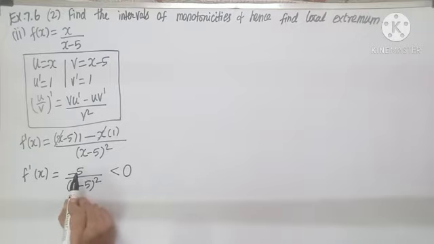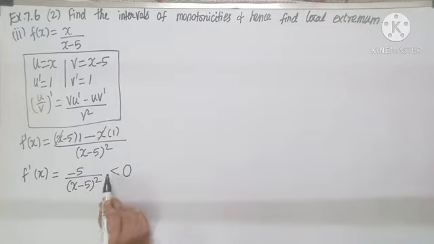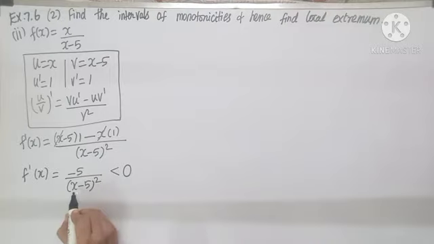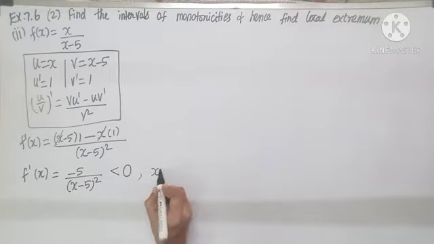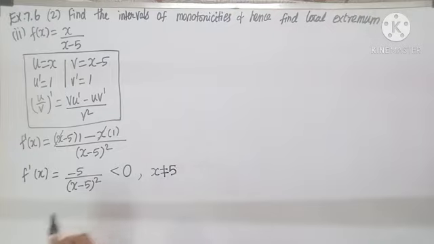Numerator is a negative number, so negative by positive is always below 0. We have to eliminate x equal to 5 alone. In all mathematics problems, denominator should not become 0. So when x is not equal to 5, the denominator is not becoming 0 and the entire answer is less than 0.